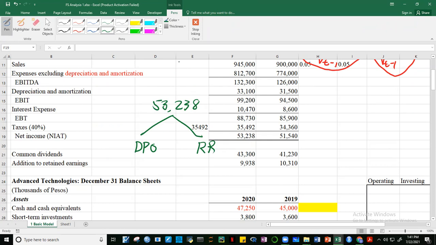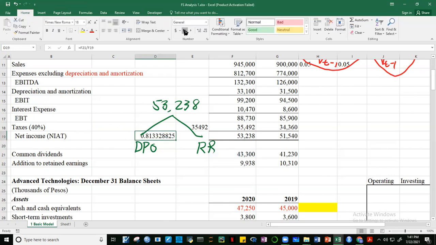How much? So, ang dividend na in-issue is 43,300 out of the total 53,238 income available, no? So that's 81% yung distributed as dividends, no? Therefore, our retention rate is just the difference between 100% and 81%.